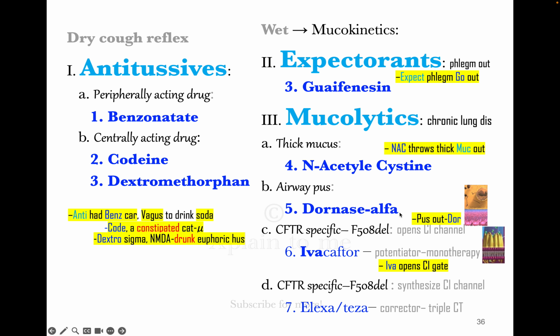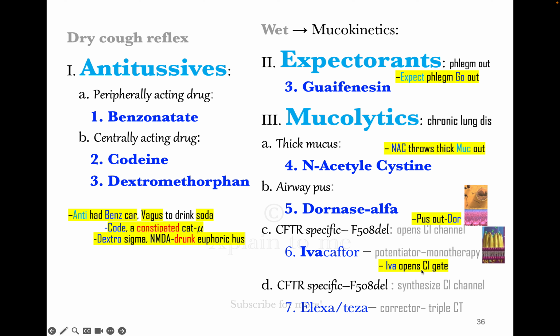Okay, the next section I talk about, out of the 90% of cystic fibrosis patients with the deletion, if the patient has that specific gene mutation, you are supposed to remember the F508 deletion and CFTR specific protein damage, right?